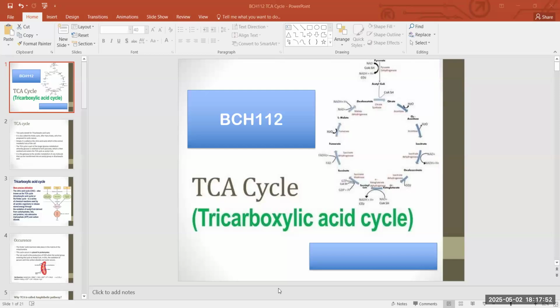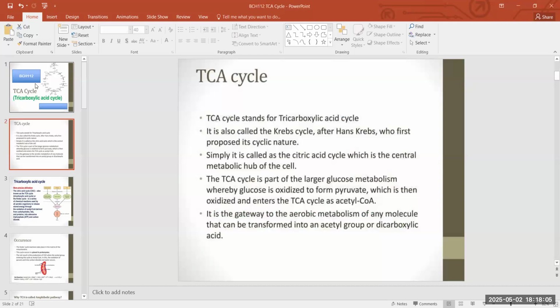Thank you, Precious. So here you can see the TCA cycle. This is the summary of it. It's called the tricarboxylic acid cycle, or the Krebs cycle.